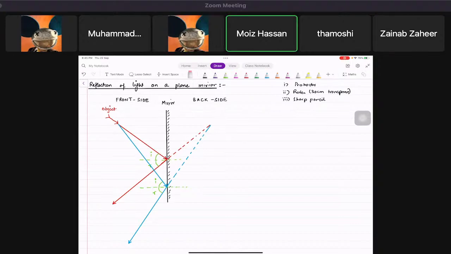Okay. Sir? Yes. Is the point where they meet where the image is formed? Exactly, that's correct.